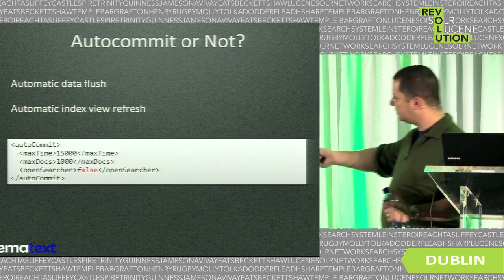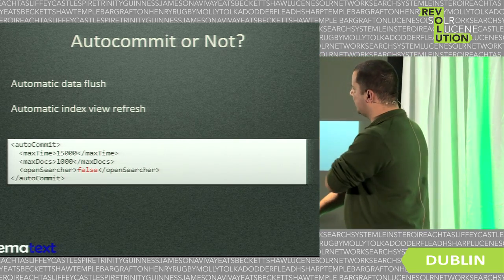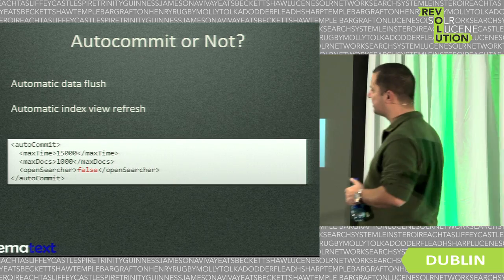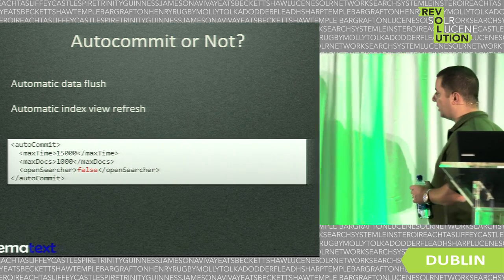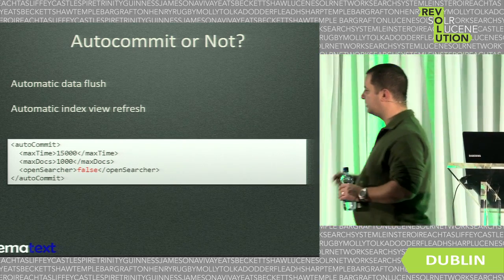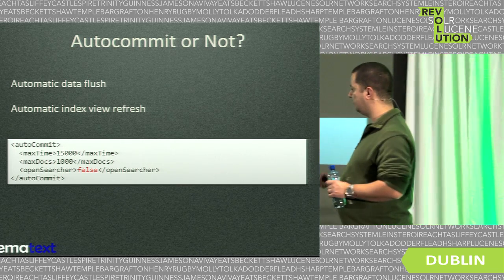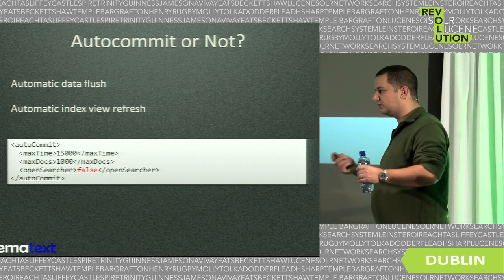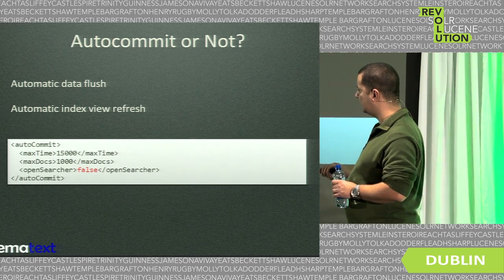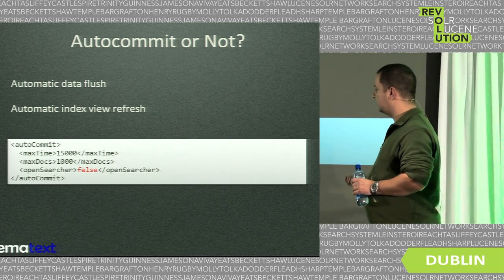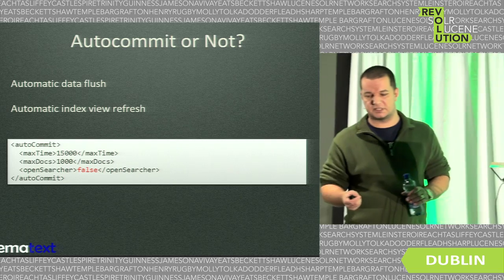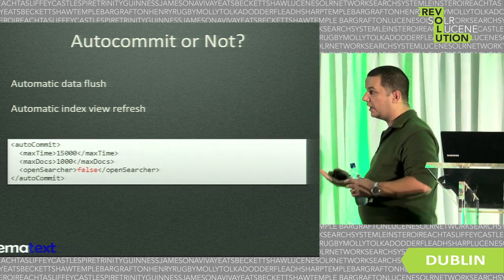In order to define autocommit, we have this section in the update handler configuration in Solr config. We can specify the maximum time and the maximum documents before autocommit happens. And there is one thing that we usually use when dealing with soft and hard autocommits. In a hard autocommit, we specify that we don't want to open the index searcher. Why?